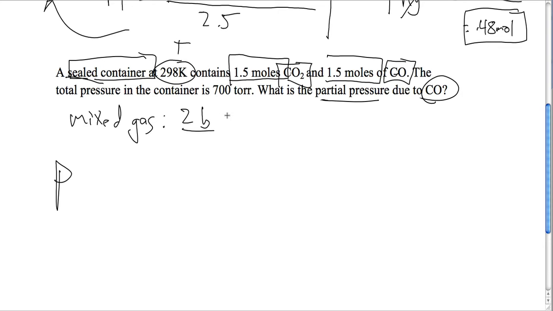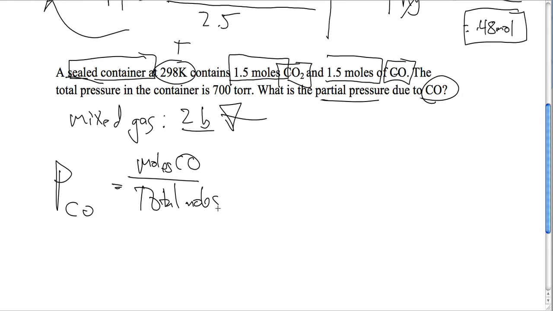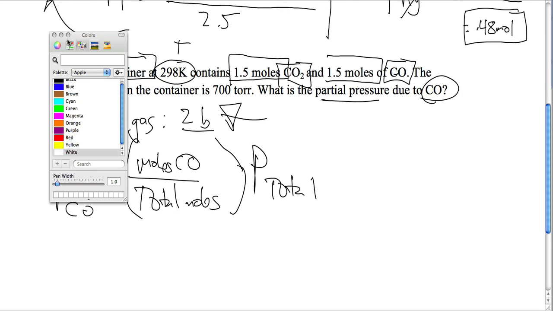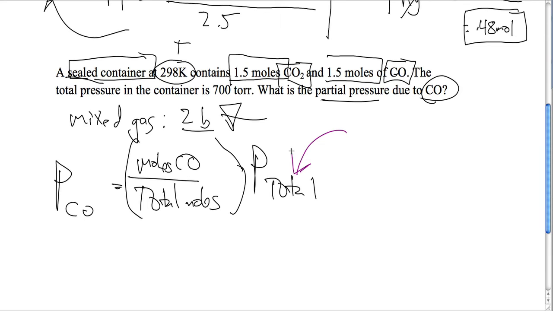Most of the time, folks, in equation 2b, what they're asking for is the partial pressure of one of the individual gases. So this is going to be moles of CO divided by total moles multiplied by the total pressure. A little side point that I'm going to put in here.